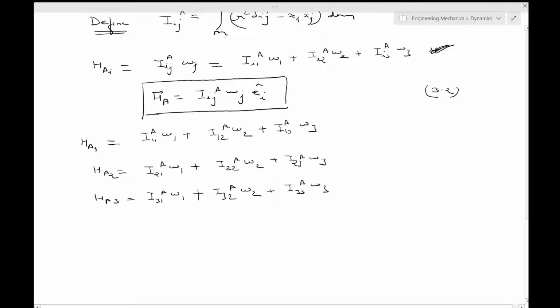Okay, now I want to write this system of linear equations, this one, in matrix form.